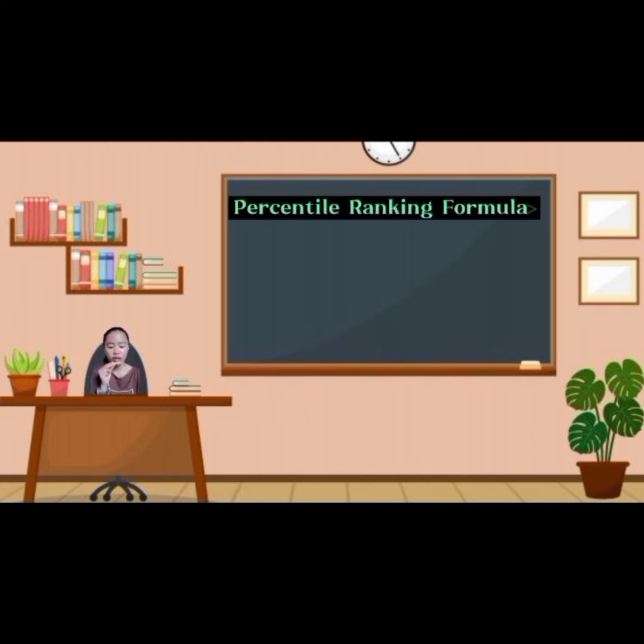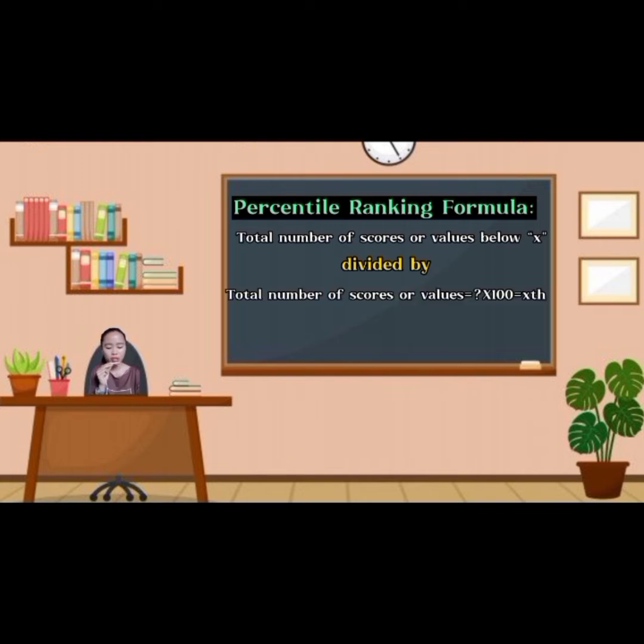Percentile ranking formula: total number of scores or values below X divided by total number of scores or values. Then the answer, we're going to multiply by 100.